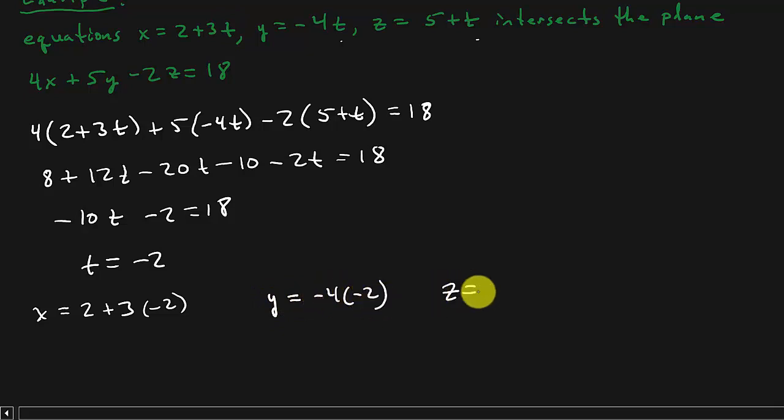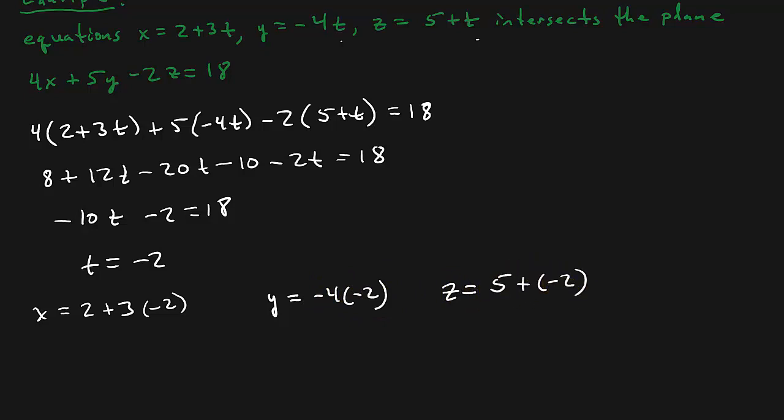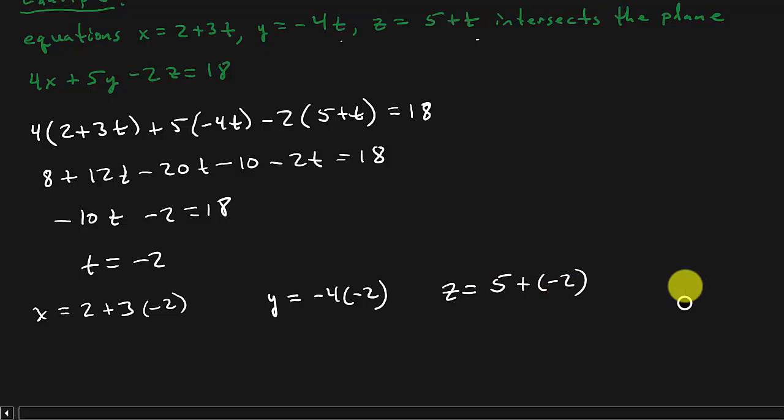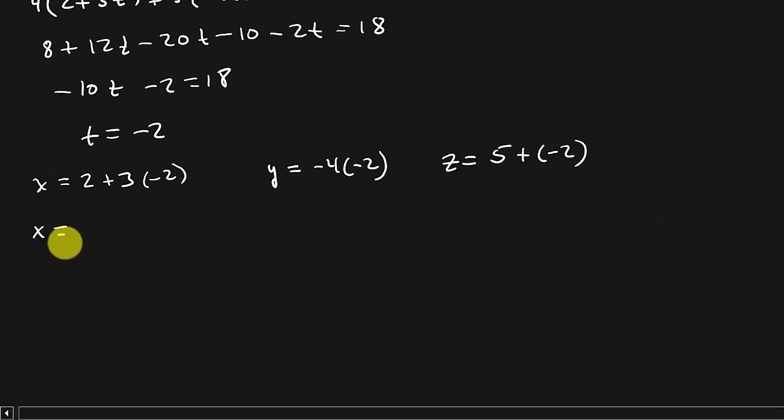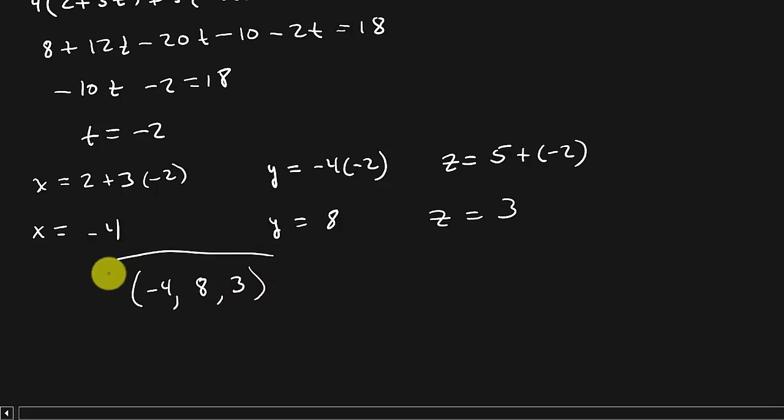And then the same thing for z, 5 plus negative 2. All right. And so this is going to give us x is equal to negative 4, y is equal to 8, and z is equal to 3. And so our point is negative 4, 8, 3. And there's the point where that line crosses through that plane.